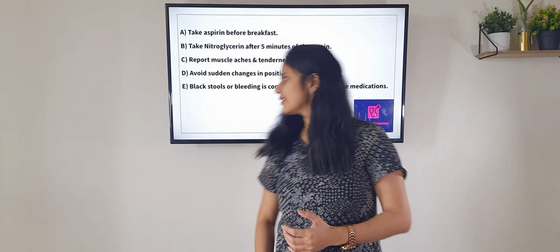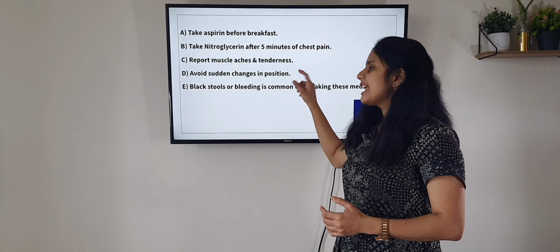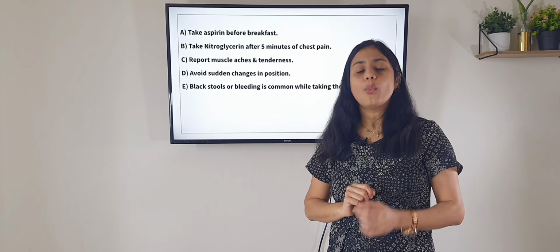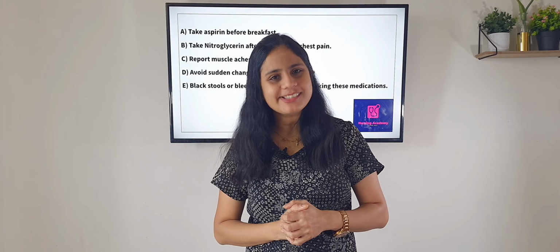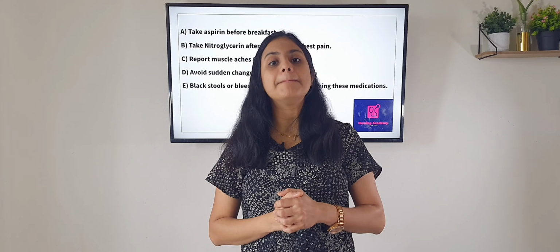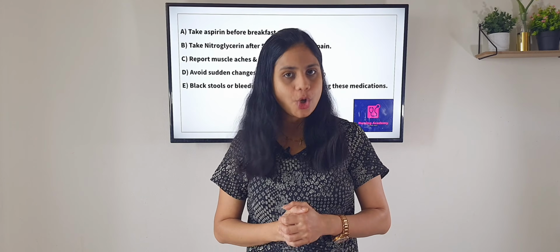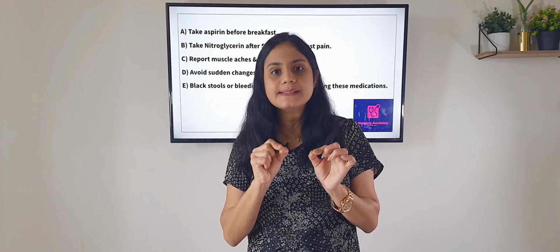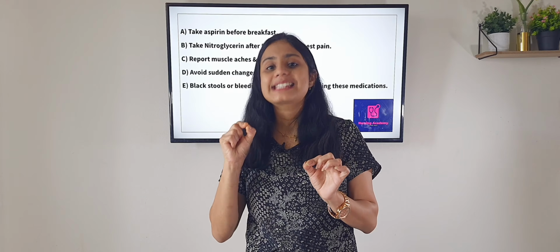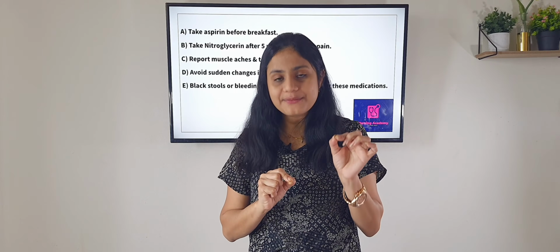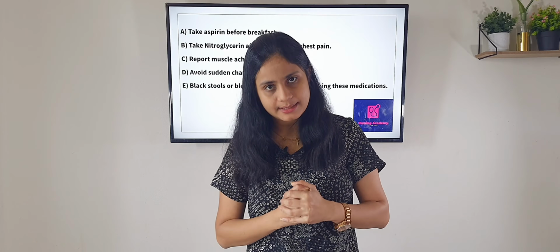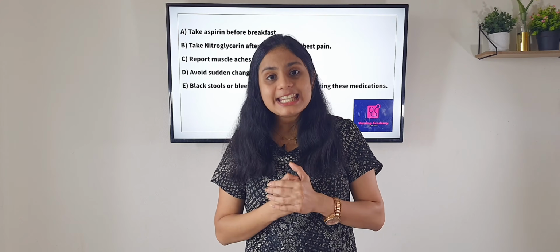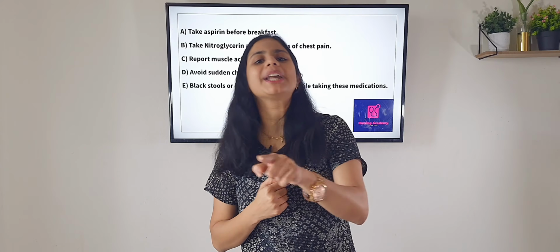Our third option, report muscle aches and tenderness. What does this muscle aches and tenderness denote? Yes, it's myopathy. So, if any person is taking statin drugs like simvastatin, we have to report the muscle pain because it indicates rhabdomyolysis.